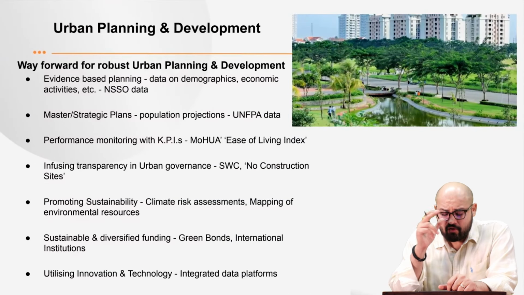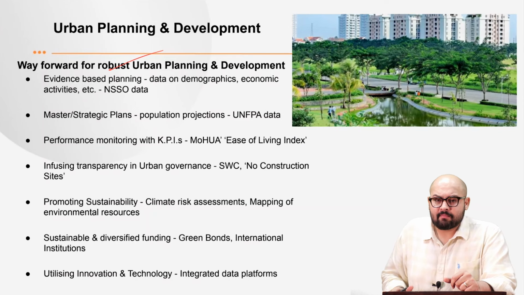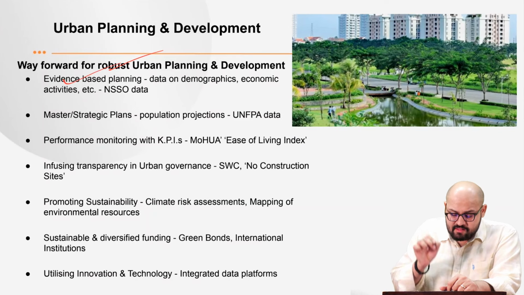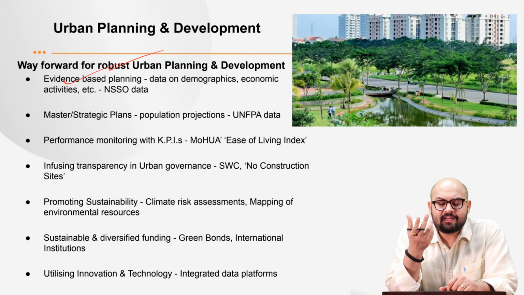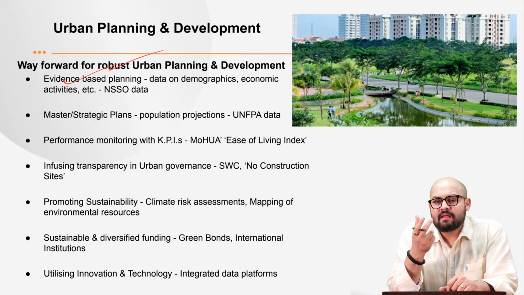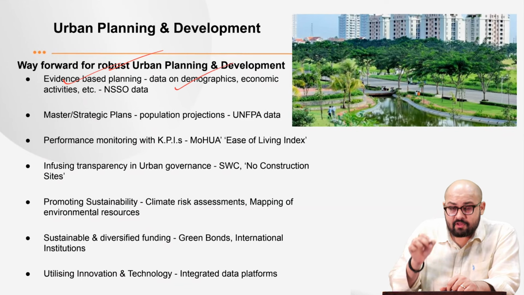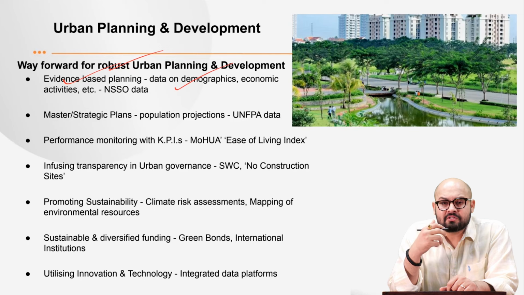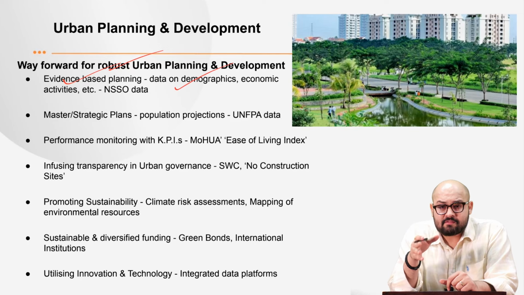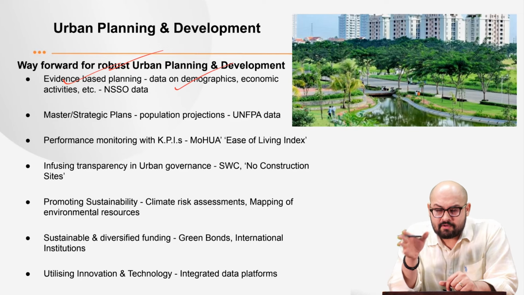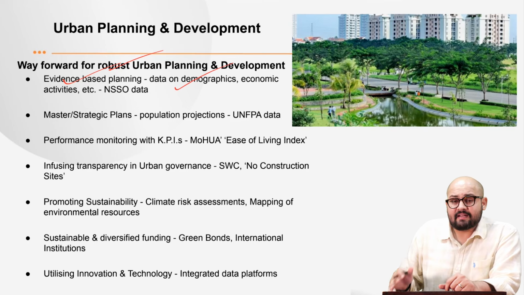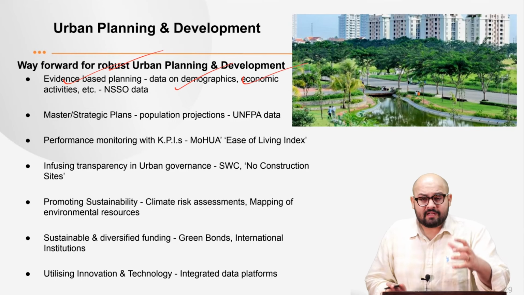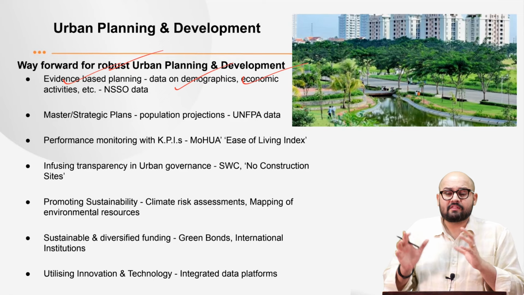Now, what should be the way forward for robust urban planning and development in India? The first is evidence-based planning. What it means is that you should have data, right? For example, data related to demographics, the human population, data related to migration patterns between rural and urban areas, or from urban to rural areas, right? Or data related to economic activities, so that you can integrate that data in your policy framework, right?